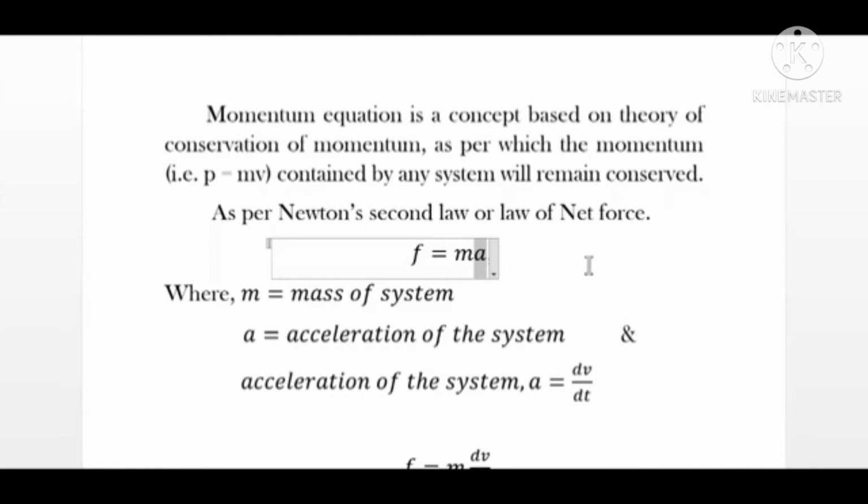That is, अगर आप x direction की बात करेंगे, then Fx has to be equal to m multiplied by ax, where ax is the acceleration of system in x direction.